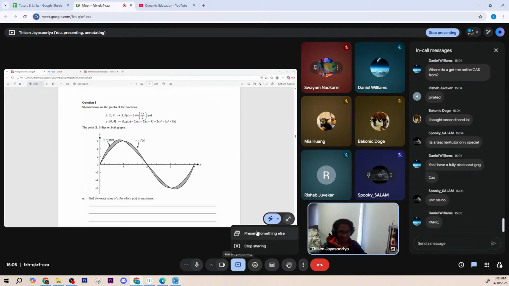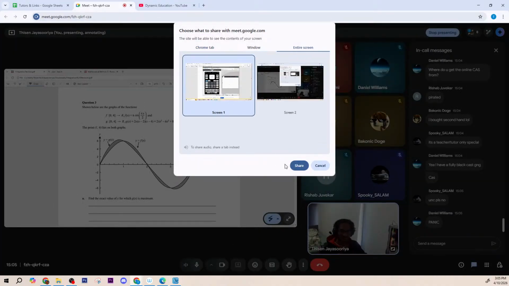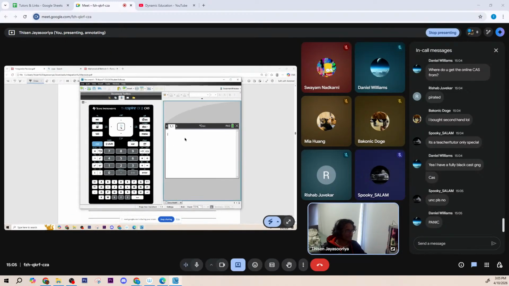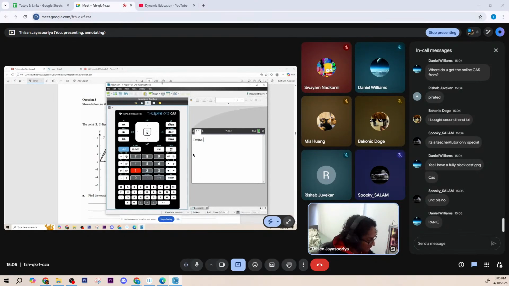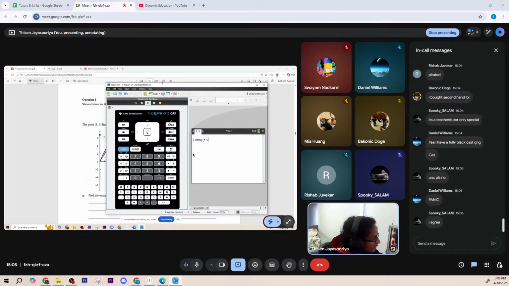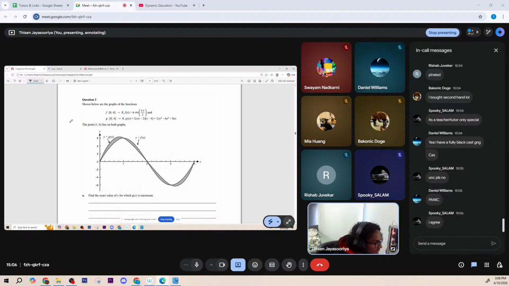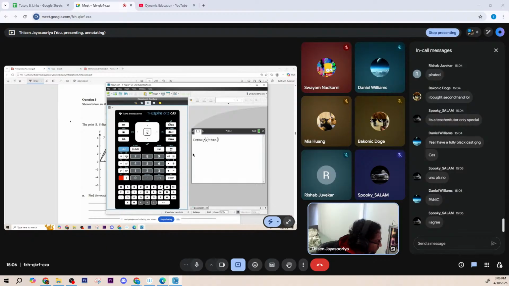So here, if I screen share the whole screen, we get menu, 1, 1. We get f of x equals 6 sine of pi x over 2.